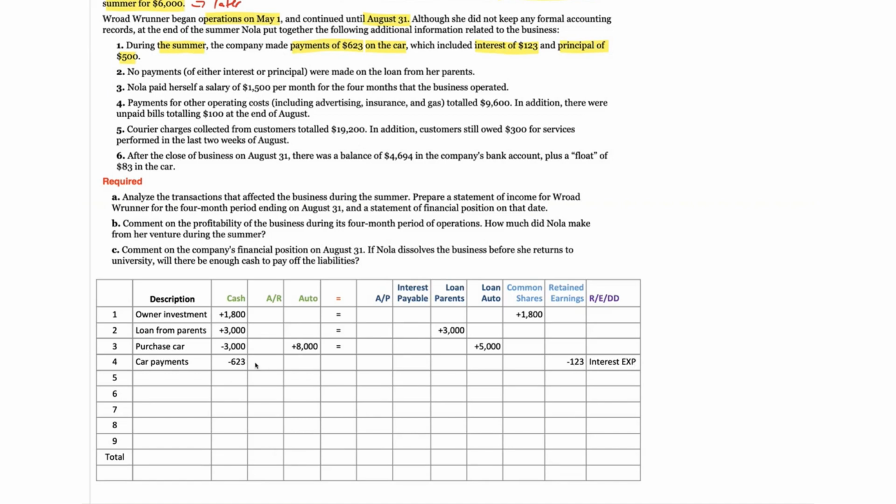But now my line is still not in balance, right? I have 623 on this side and only 123 on this side. What's the rest? Minus 500 from auto loan. Yes, the 500, minus 500 here. The auto loan, see, this is the principal portion. Remember, principal is the amount of the loan.